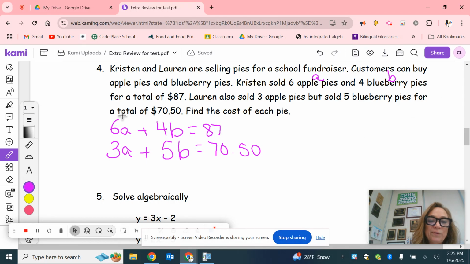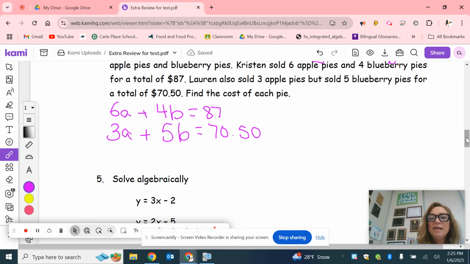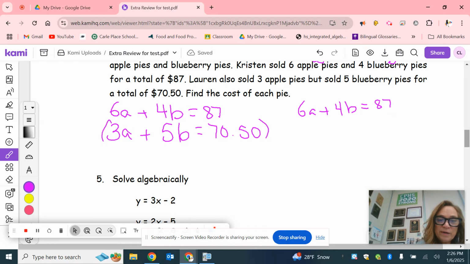Since these are set up in what I call standard form, I have like x, y, equal sign number, in this case a, b, equal sign number, I'm going to look for additive inverses. I'm going to work with the 6 and the 3. So I'm going to keep the 6a plus 4b equals 87. And I'm going to multiply the lower equation, or the second equation, by -2. And I'm doing that so that I get a -6, additive inverses.